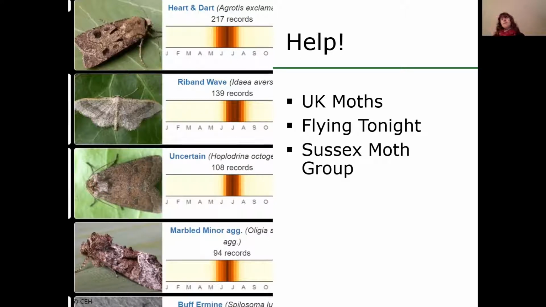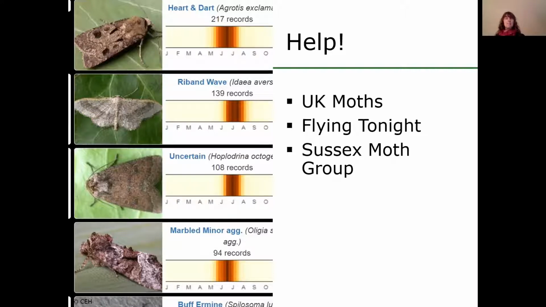So if you find a moth and you're not sure what it is, go to Flying Tonight and it will tell you what is generally recorded at this time of year, and that will narrow down your search a lot. So this is a screenshot from Flying Tonight for July. You can see that's really going to help you work out what it might be.